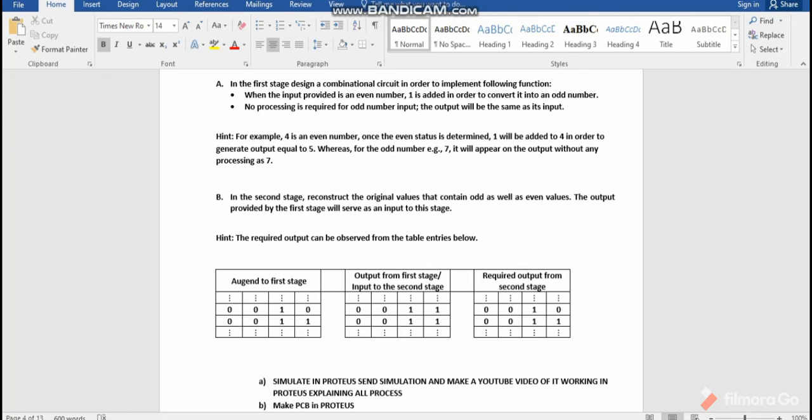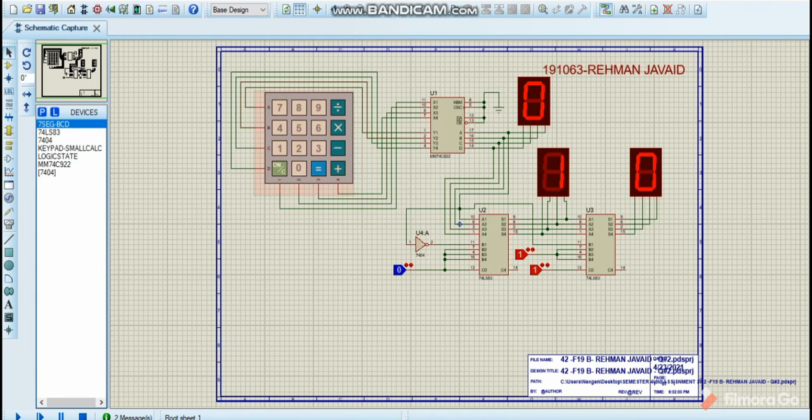In the second stage the output is 0010, which is 2. This means that it subtracts 1 from the previous stage. We got 3 at the previous stage, so it subtracts 1 from this and we get 2.